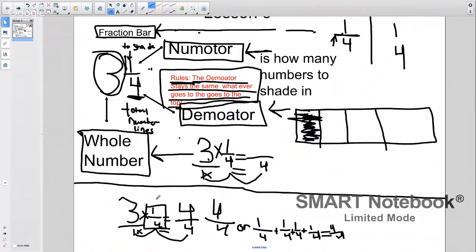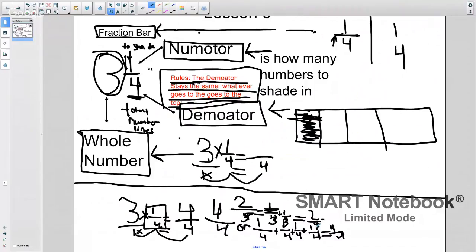You can have a different denominator, but let's say like 2/4. 1/4 plus 1/4 equals 2/4. You can have the same thing, but the 1 stays at the top, like 2/3. 1/3 plus 1/3 is 2/3.